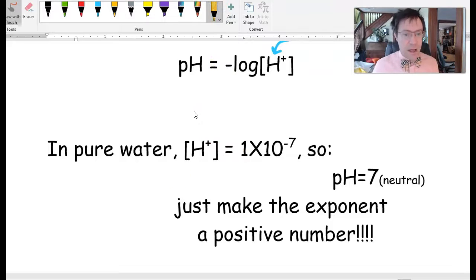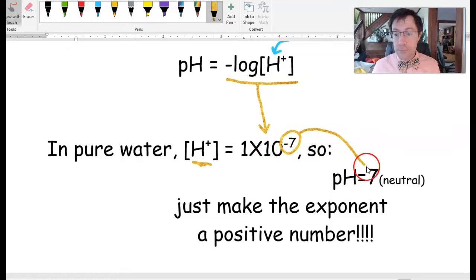Here's an example. In pure water, the concentration of our hydrogen ion is 1 times 10 to the minus 7. Right? Well, if we take a negative log of this number, guess what we end up with? We end up with 7.